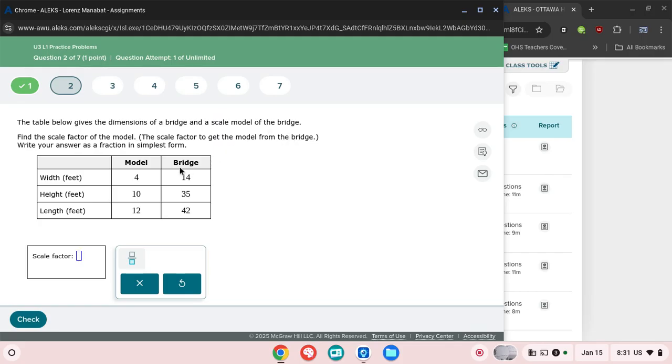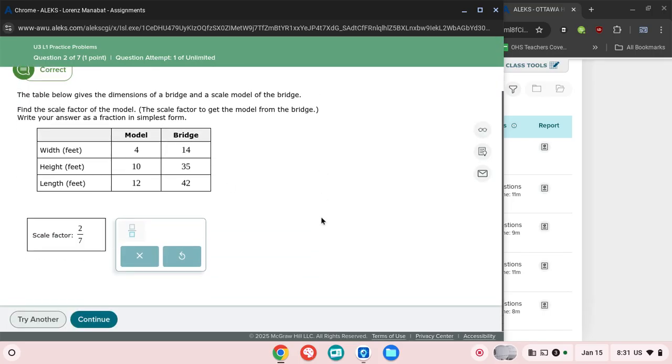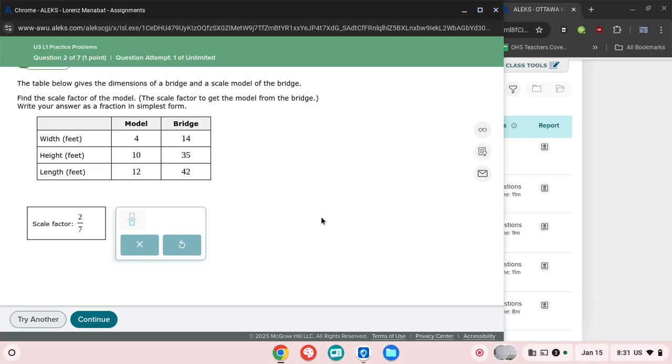My fault, we're going from the big one to the small one, so we need 14 over 4, 35 over 10, and 42 over 12. 42 over 12 is going to be 7 over 2. Oh no, it should be the other way. We want to get smaller, so our scale factor should be smaller than 1. Let me check that. Nice. I just took the fraction and simplified it.